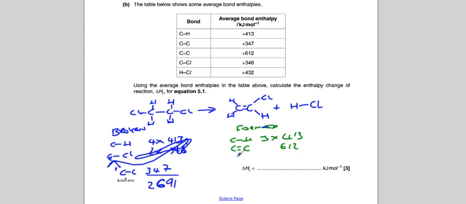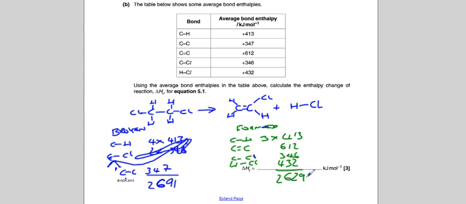I've got a C-Cl bond, and I've got one of those, 346, and I've got an H-Cl bond, which is 432. In total that, and this isn't the answer though, it's in the place of the answer, in total that I make as 2629.